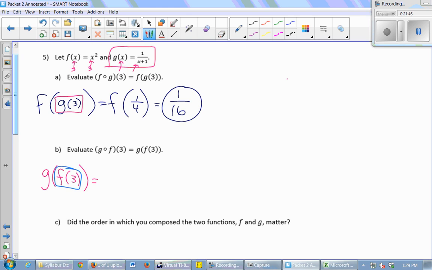Now I have to do g of 9, replacing f of 3 with a 9. For g of 9, I replace all the x's in the formula with 9s, so I get 1 over 9 plus 1, which is 1/10. So part C was yes, the order mattered. I got a different answer when I changed the order.